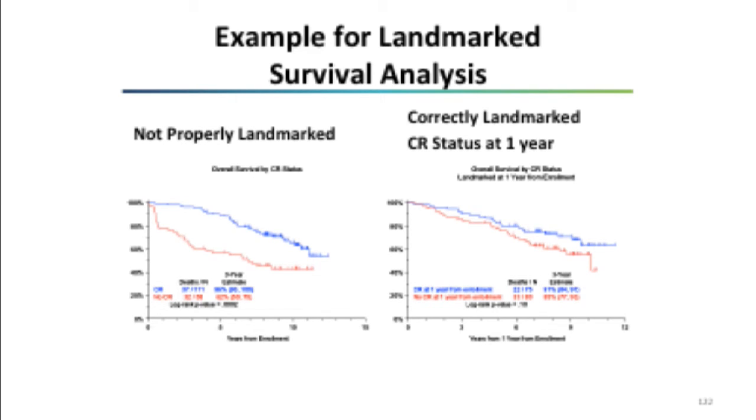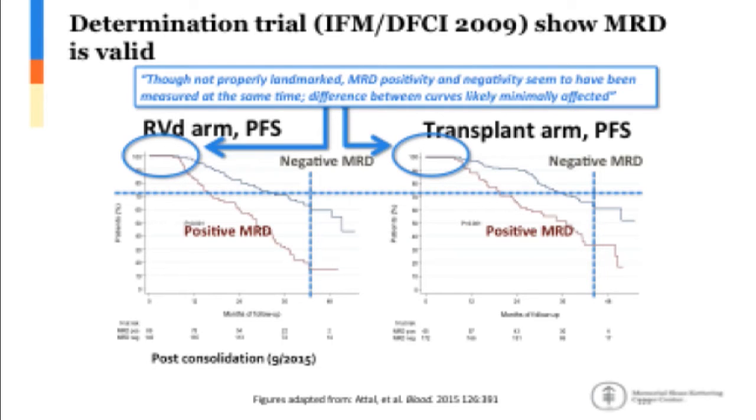So in the next slide, you can see the slide that Dr. Landgren showed earlier. And whenever I see these long bars, that indicates a little bit that there may be a landmarking issue. Now in this case, again, we'd have MRD positive and negative from a start of therapy.